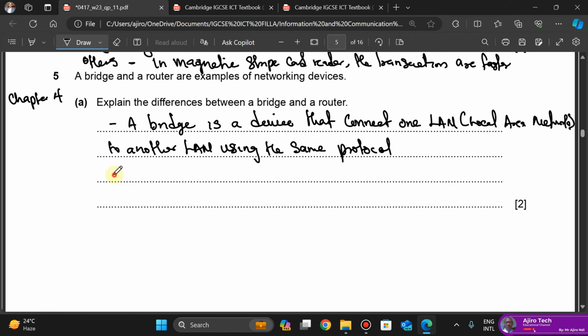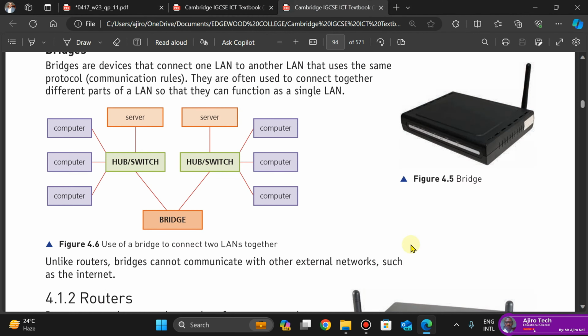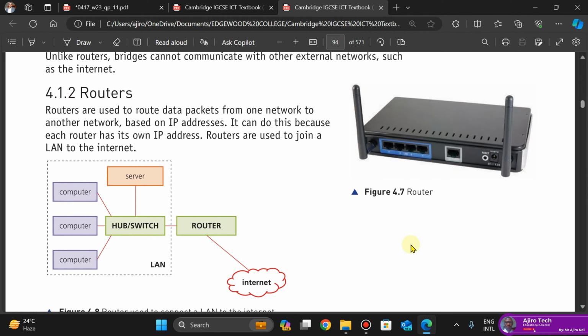Okay, what about a router? It allows data packets to be sent from one network to another network. Routers are used to join a LAN to the internet, so we can just use that.